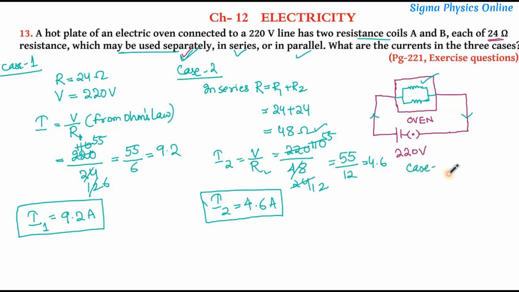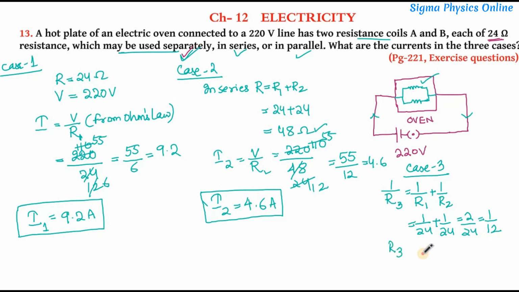Now let's come to case number 3. So in the third case, the resistors are connected in parallel. So for the parallel circuit, we write here 1 by R3 is 1 by R1 plus 1 by R2, which is 1 by 24 plus 1 by 24, that's 2 by 24, or 1 by 12. So R3 is 12 ohm.